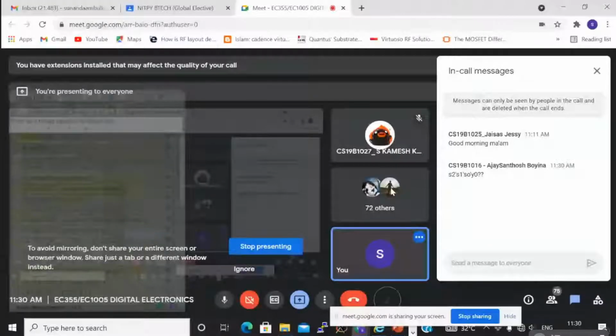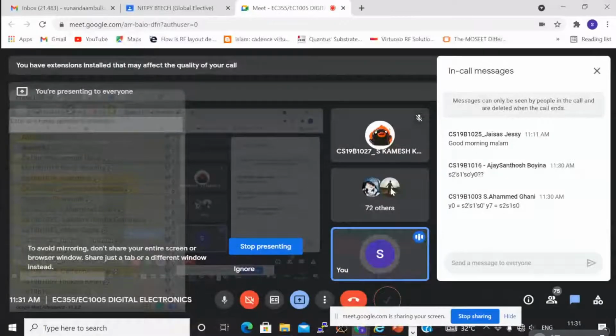S2 dash, S1 dash, S0 dash, Y0. Okay. Y0 is equal to S0, S1, S2.